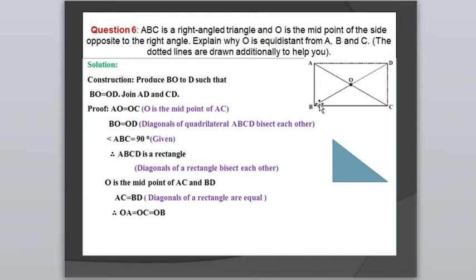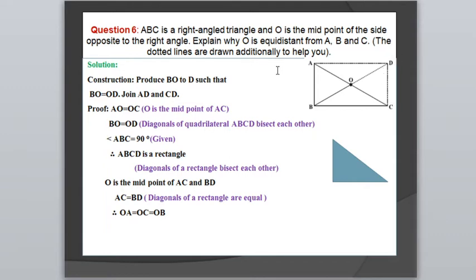This is the right angle, this side is opposite to it, and this is the midpoint. Now we have to explain how this midpoint O is equidistant from A, B and C.